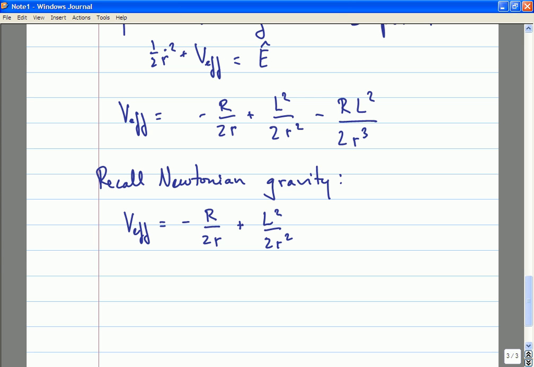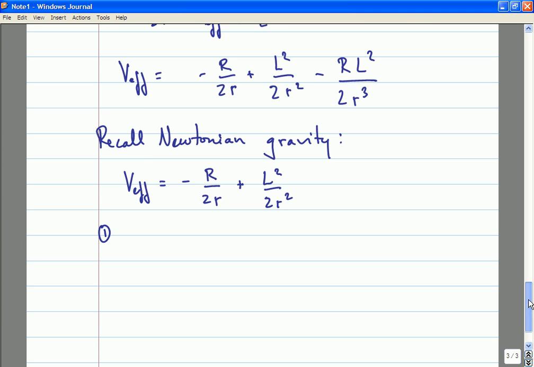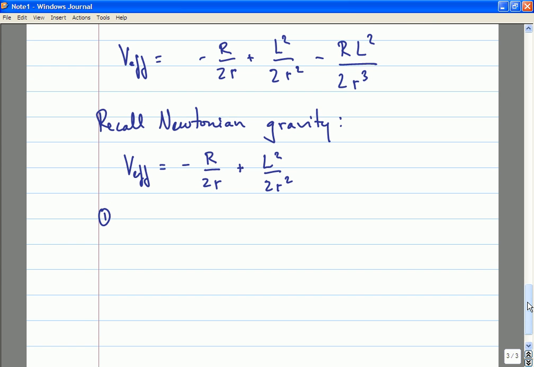So, before we begin discussing the relativistic effects on orbits, let me just remind you of a few features of Newtonian gravity, so we'll have something to compare our relativistic answers to. So, in Newtonian gravity, for all values of L, let me just plot this function for you, actually.